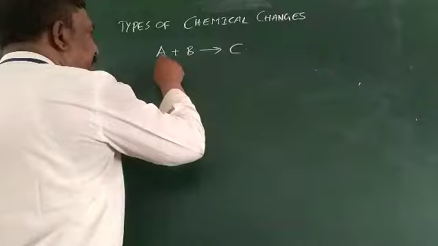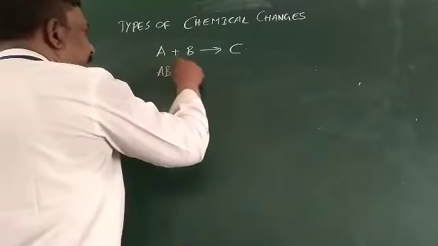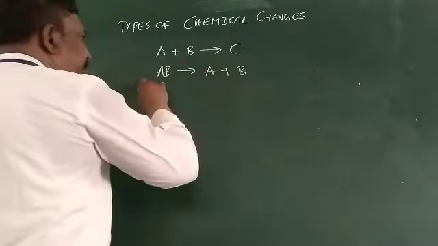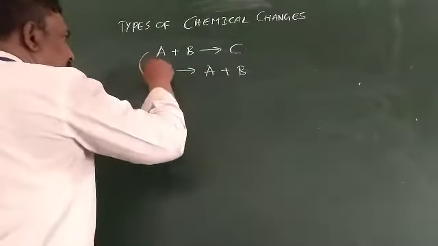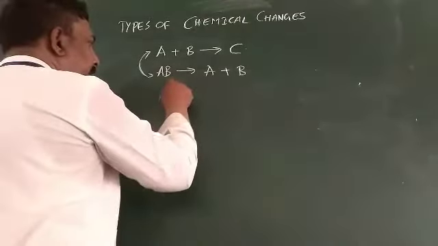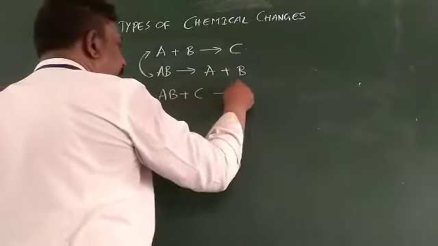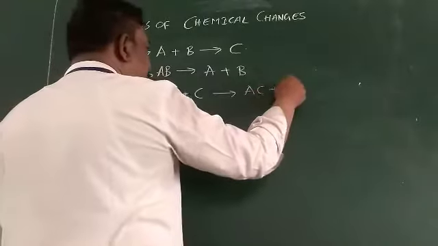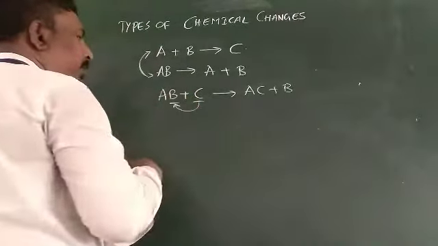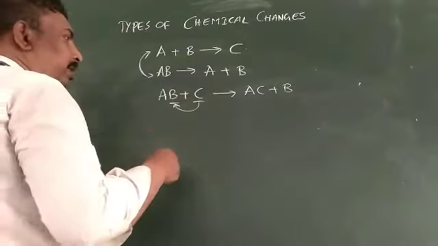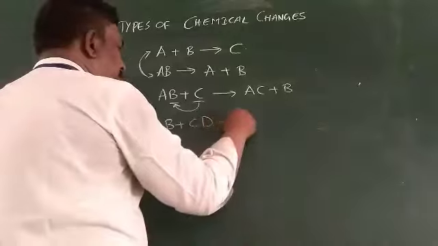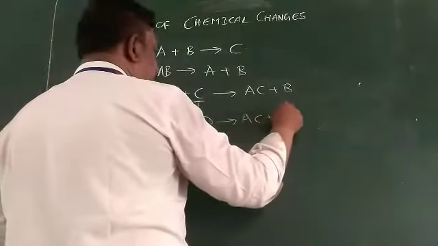If one reactant splits into 2 or more products, we will call it chemical decomposition. You can see these both are opposite to each other. Now, chemical displacement, when a highly reactive metal displaces the less reactive metal. Such reactions we will call chemical displacement. The mutual exchange of ions occurs in double displacement reactions.